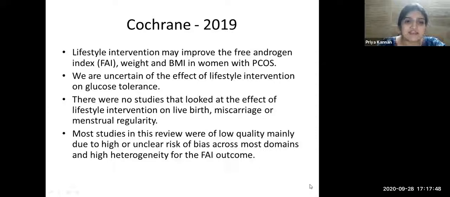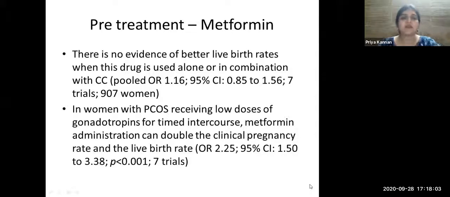Some studies in the Cochrane review, which was just published last year, were of low quality, mainly due to the high and unclear risk of bias across most domains and high heterogeneity of the free androgen index outcome.